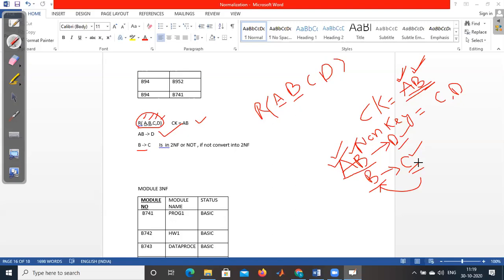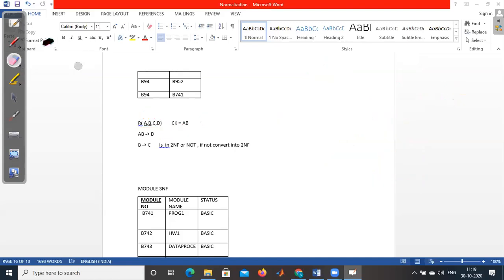Partial dependency should not be there in the second normal form. So B tends to C violates the second normal form. Students, have you understood? Do you have any doubt regarding this?